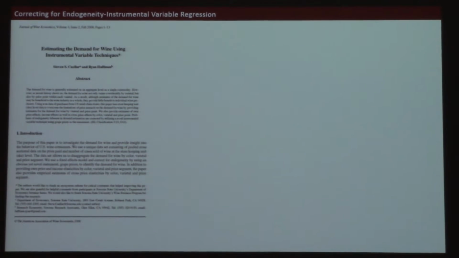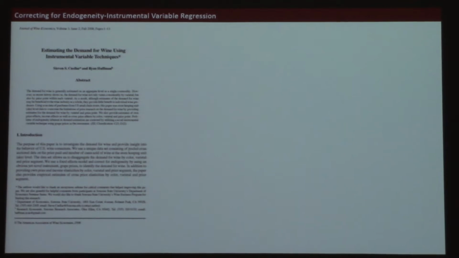I segmented the wine by varietal and price, and I came up with extremely strong instruments of correlation between the price of grapes and price of wine. Hence, I used instrumental variable regression, breaking the data down, and I was able to get much more accurate estimates of our price coefficients. So that was the key.